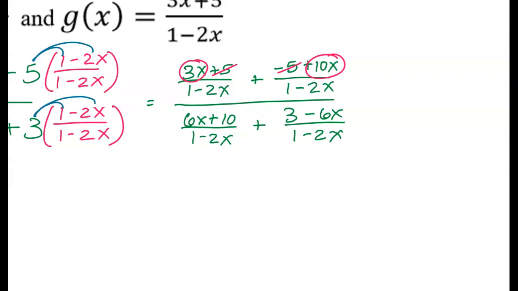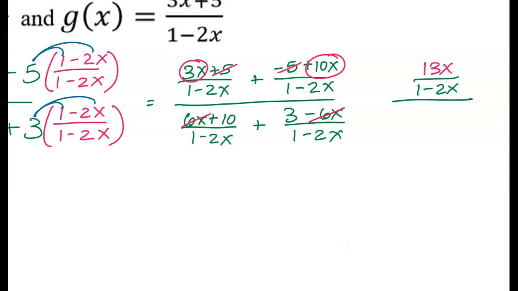So I have what in my numerator here? 13x. My denominator remains the same, 1 minus 2x. All over, what happens in the denominator's numerator? The 6x and the negative 6x cancel.